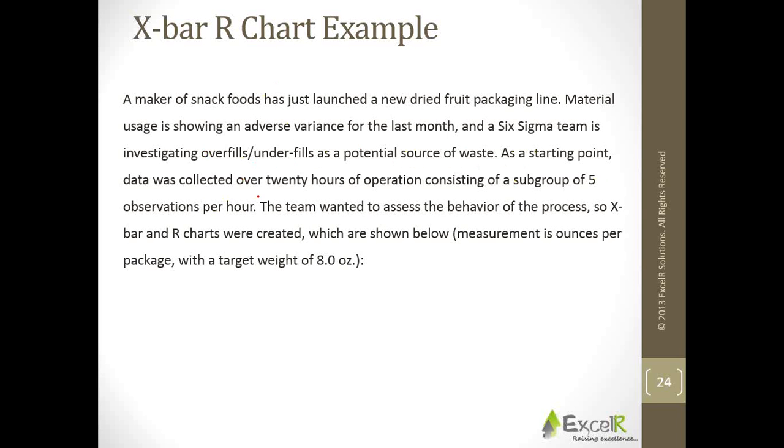As a starting point, data was collected over 20 hours of operation, consisting of 5 observations per hour. A subgroup of 5 observations per hour. The team wanted to assess the behavior of the process, so X bar R charts were created, which are shown in the subsequent slide. Measurements are in ounces per package, with a target weight of 8 ounces.